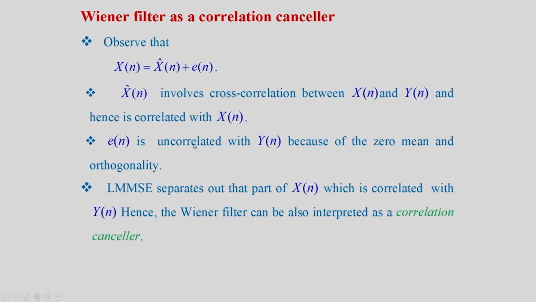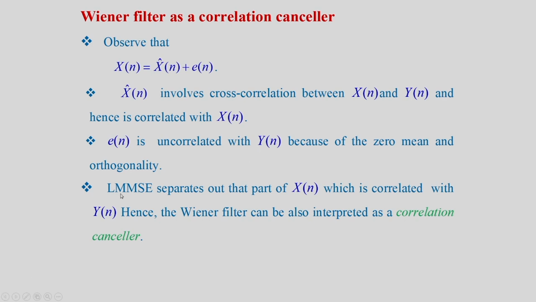E n is uncorrelated with y n because of the 0 mean and orthogonality. We know that E n is orthogonal to y n, but y n is 0 mean and consequently E n is also 0 mean. Therefore, orthogonal and 0 mean means that E n is uncorrelated with y n. So, this is very important, that E n is uncorrelated with y n.